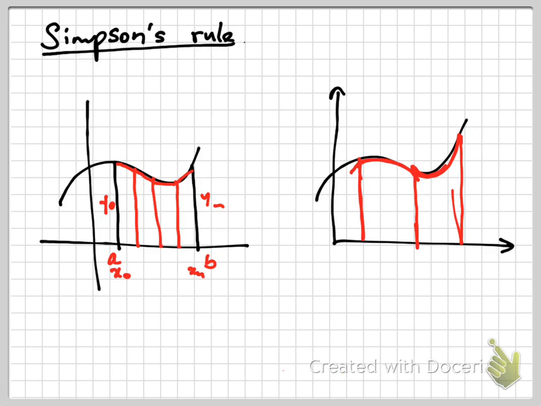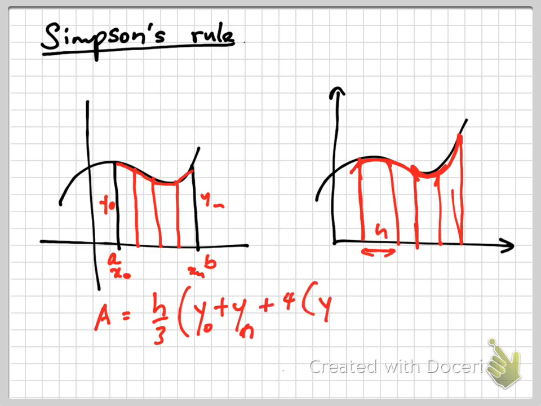According to his rule, the area is approximately equal to h over 3, and if you have 4 strips, for example, it will be h over 3 into y0 plus yn, plus 4 into y1 plus y2 plus y3 up to yn minus 1.